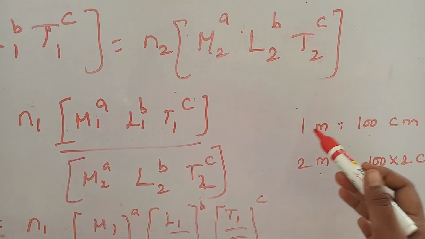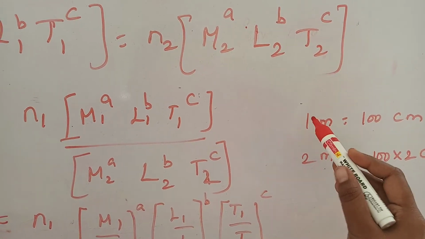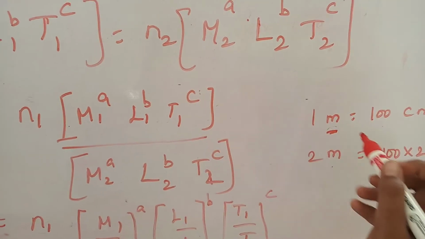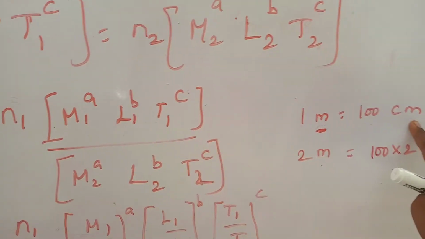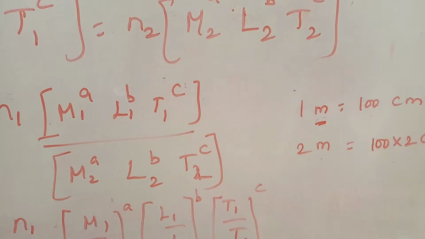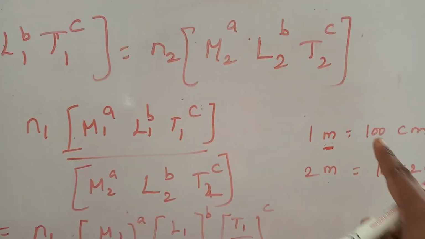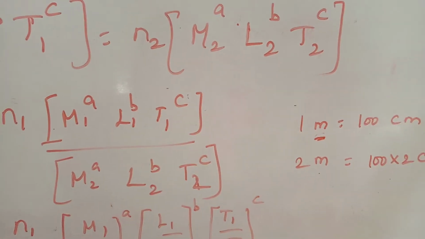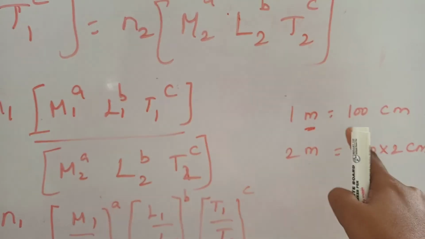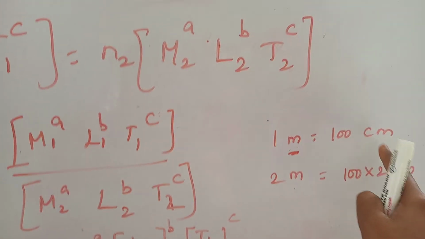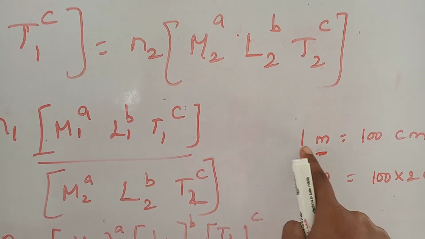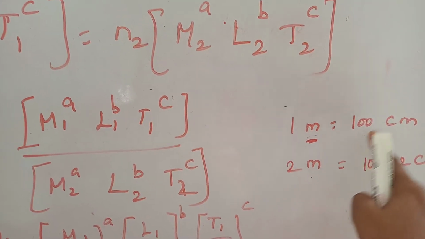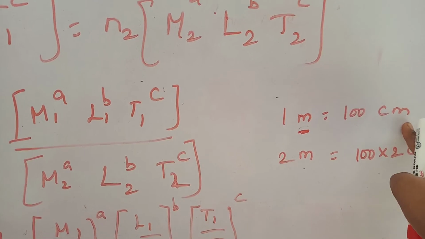Okay, so what did we do? This is in meter, which is the MKS system or SI unit. And when you convert this into the CGS system, 1 meter, when you convert into centimeter, you have to multiply by 100. So 1 into 100, which is 100 centimeter, right? So what I did is, I have some number into a unit, which is equal to some other number into its unit.